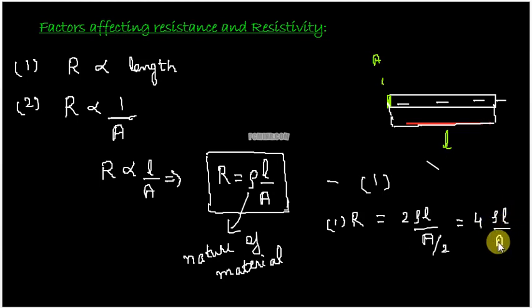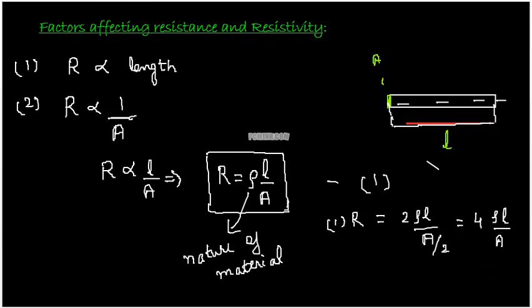So these are some important things you need to take care of while solving numericals, where they ask, like, a wire is stretched to double its length, what will be the impact on the resistance? The resistance would become 4 times, because it's not just the length which has doubled, the area has also become half. But if the length is doubled by adding another wire, it doesn't impact the area, and so the resistance is just doubled.